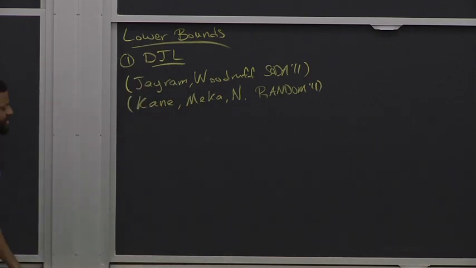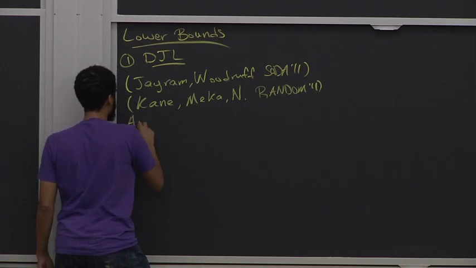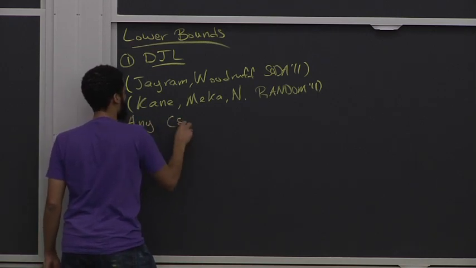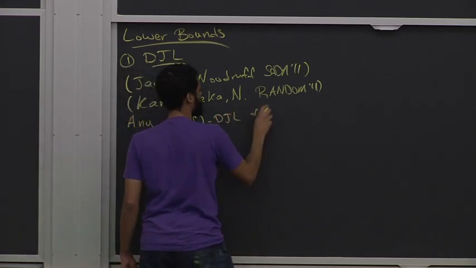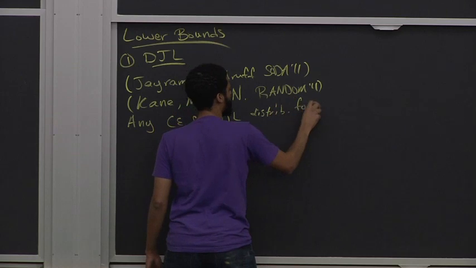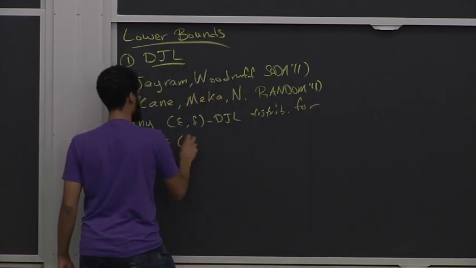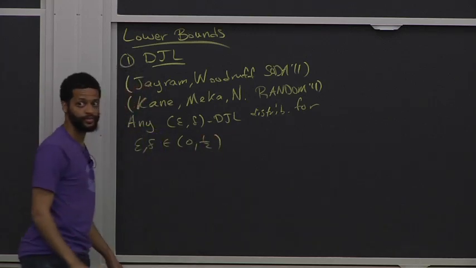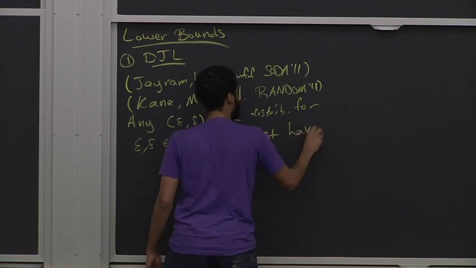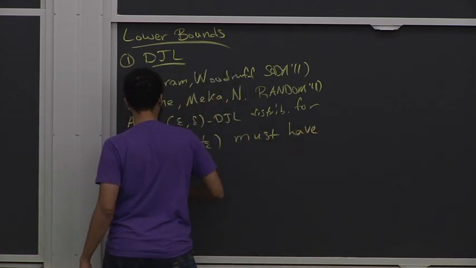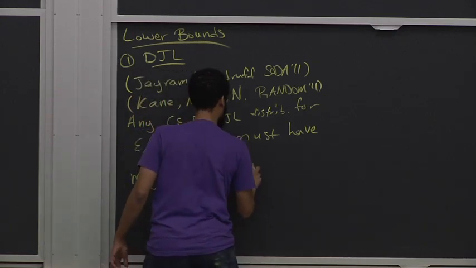Okay, which says that any epsilon delta DJL distribution, for, let's say, epsilon and delta between 0 and 0.5, must have m being at least the min of n and 1 over epsilon squared log 1 over delta.